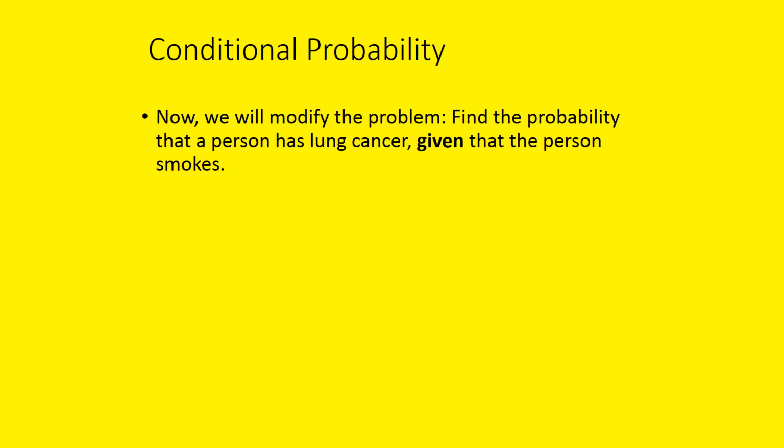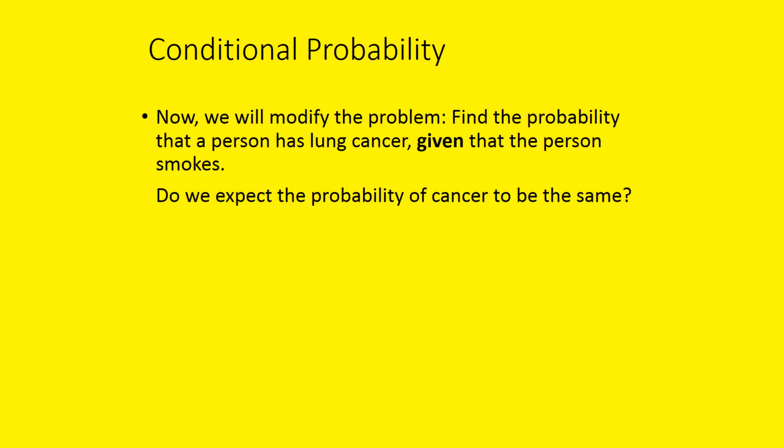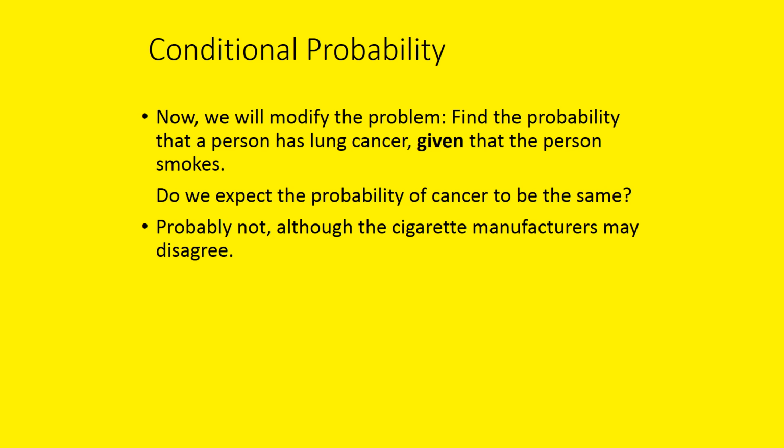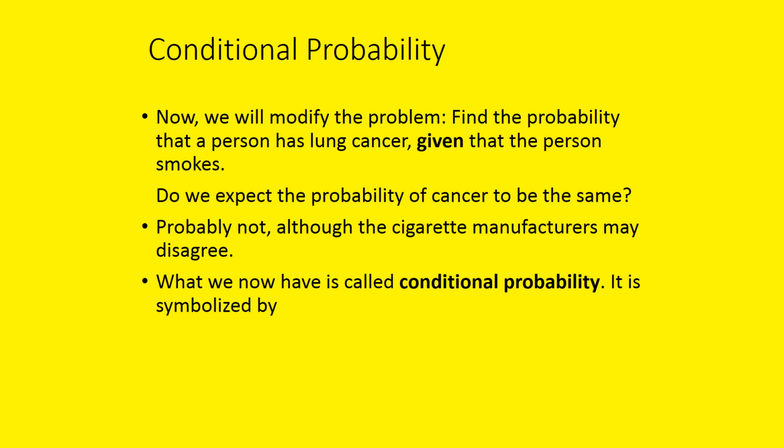We had a probability in mind, very low, that anyone you pick out in the U.S. has cancer. But now, what if you know the person smokes? Do we expect the probability of cancer to be the same? Probably not, although the cigarette manufacturers may disagree.